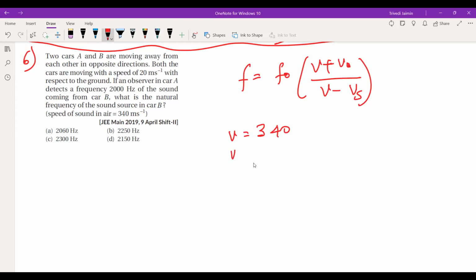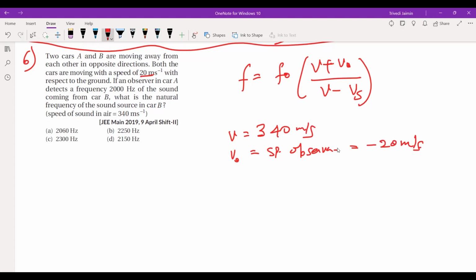V naught, speed of observer, which is given as 20, which will be minus 20, opposite direction.